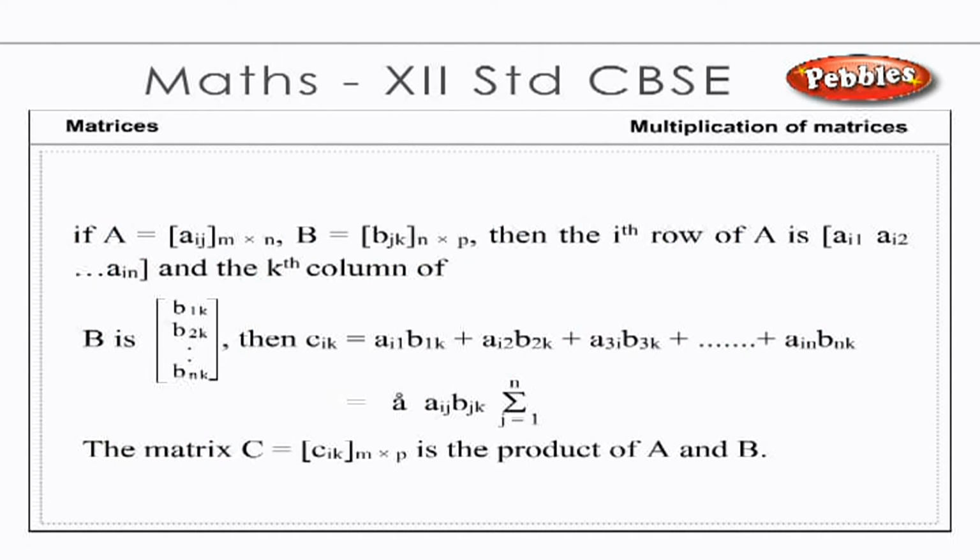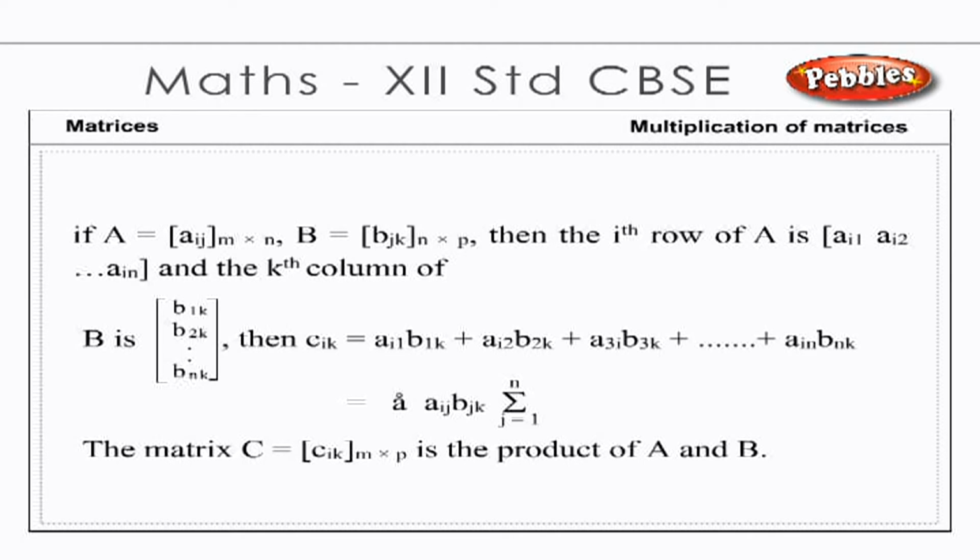In other words, if A = [aij] m×n and B = [bjk] n×p, then the ith row of A is ai1, ai2, up to ain, and the kth column of B is b1k, b2k, up to bnk.